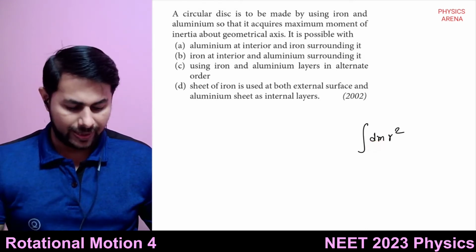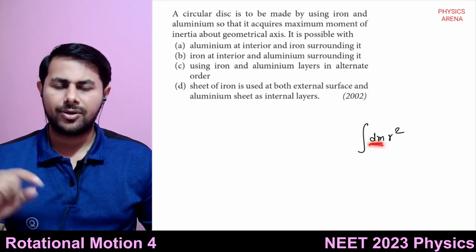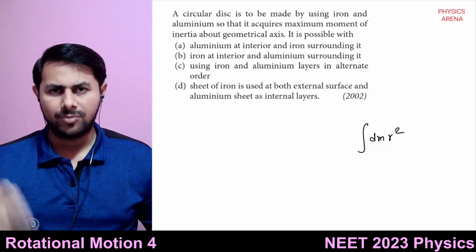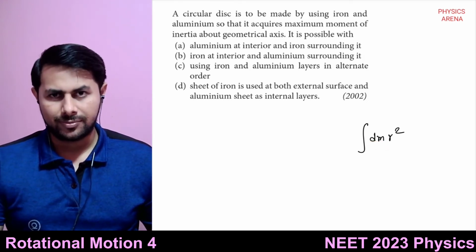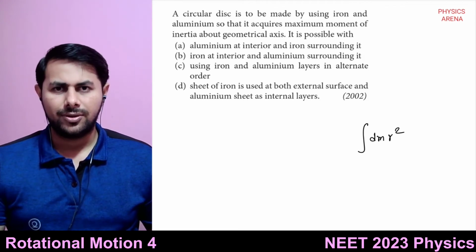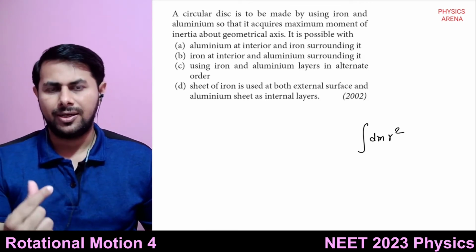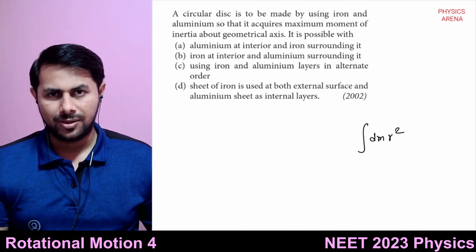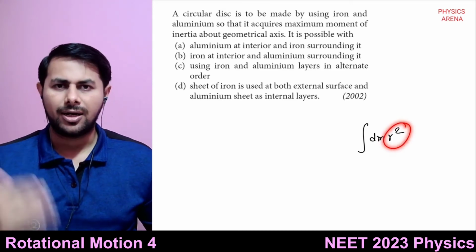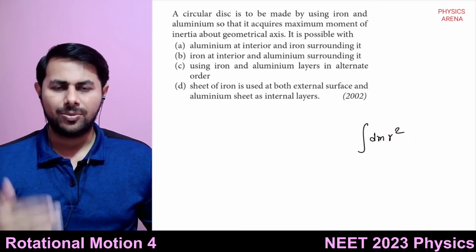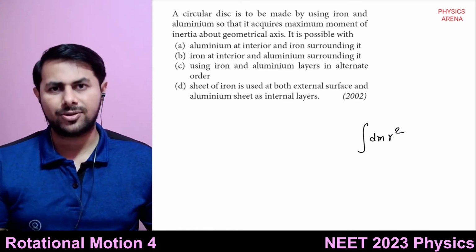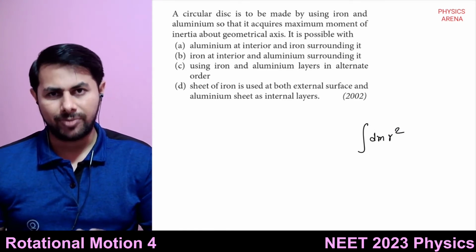So as far this mass is from the axis of rotation, moment of inertia would be more. If you keep heavier mass away from axis of rotation, because it's directly proportional to r raised to 2, the moment of inertia will be more.